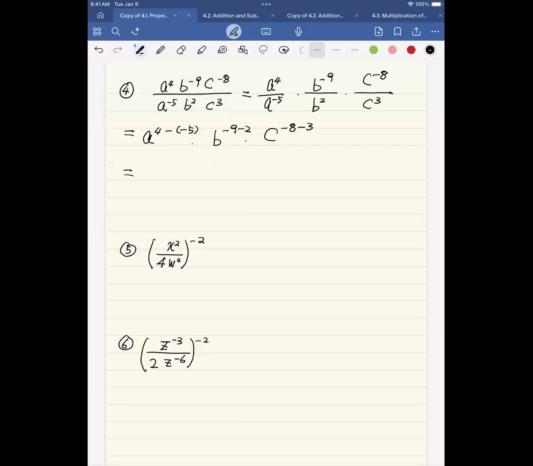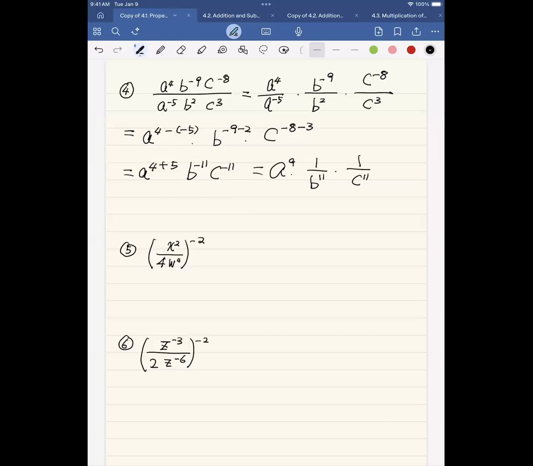So that'll be a to the 4 plus 5 times b to the negative 11 times c to the negative 11. What is this? This one is a to the ninth power times 1 over b to the 11th power times 1 over c to the 11th power.